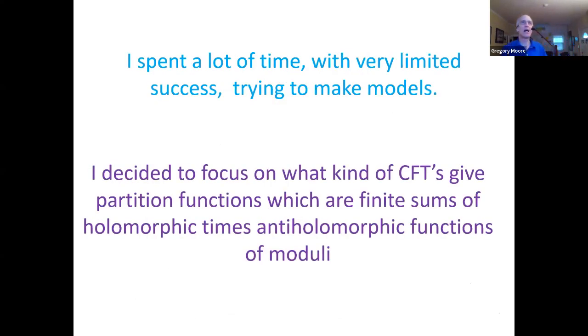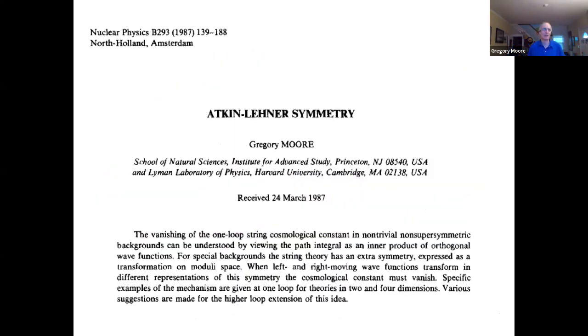And I spent a lot of time with very limited success trying to make models. But because of that limited success, I decided we should really focus on which conformal field theories give us partition functions that are finite sums of holomorphic times anti-holomorphic functions of the moduli. So my first of two papers came out in March 1987.